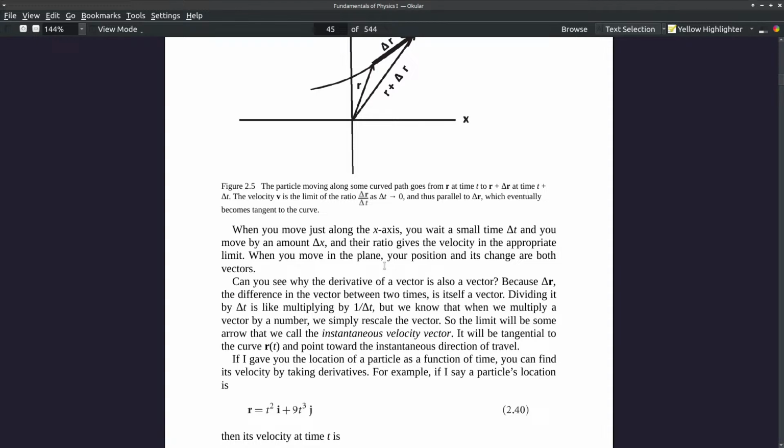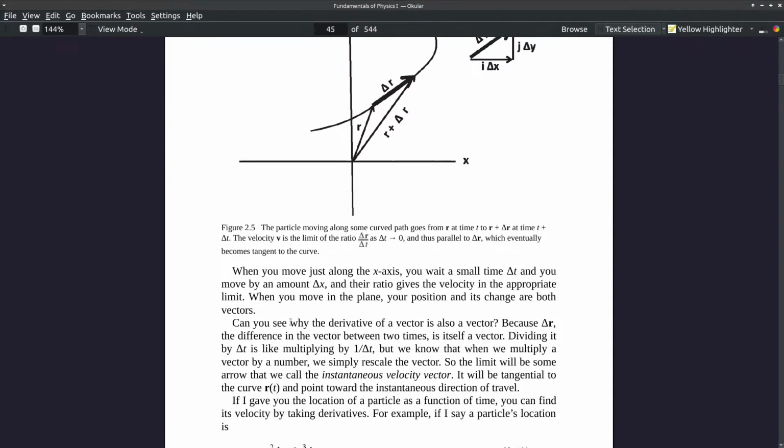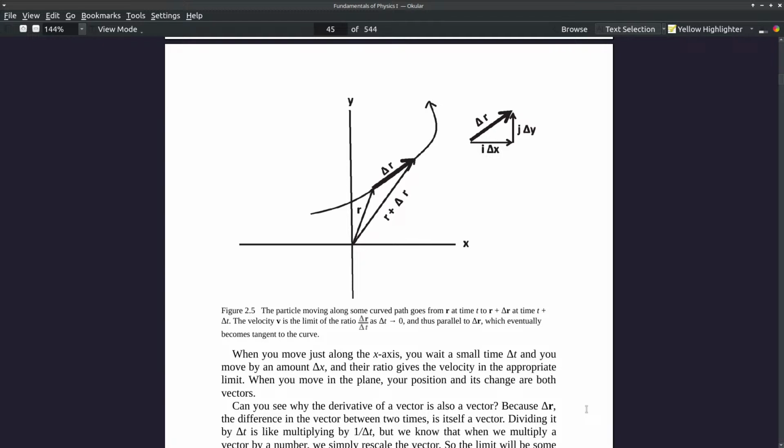It says, the particle moving along some curved path goes from r at time t to r plus delta r at time t plus delta t. The velocity v is the limit of the ratio delta r over delta t as delta t approaches 0, and thus parallel to delta r, which eventually becomes tangent to the curve.